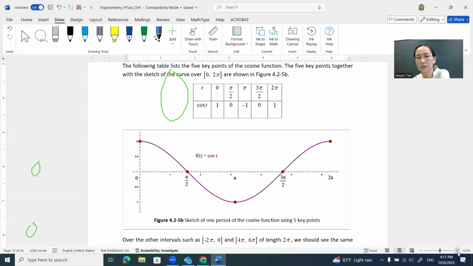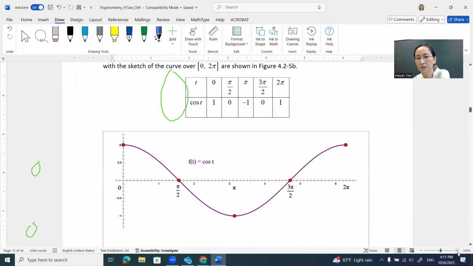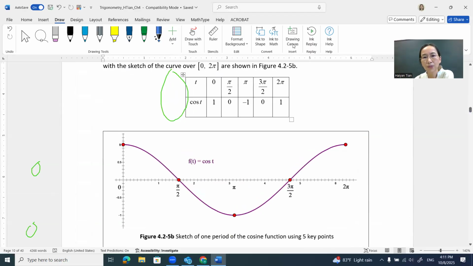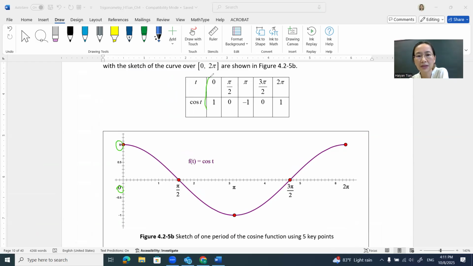Okay, so this we can see the 5 points. Just 0 at 0, function value is 1. So that's a point. At half of pi, function value is 0.